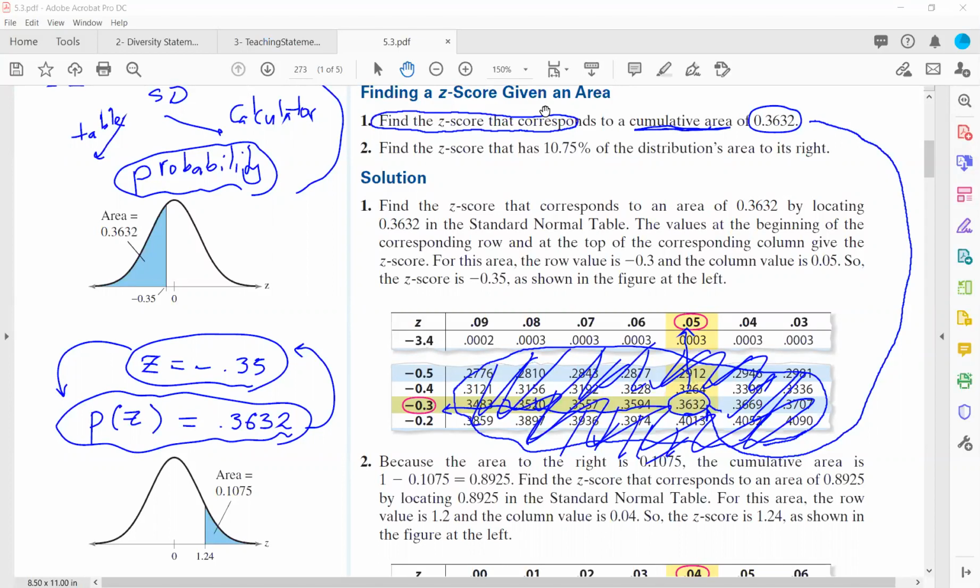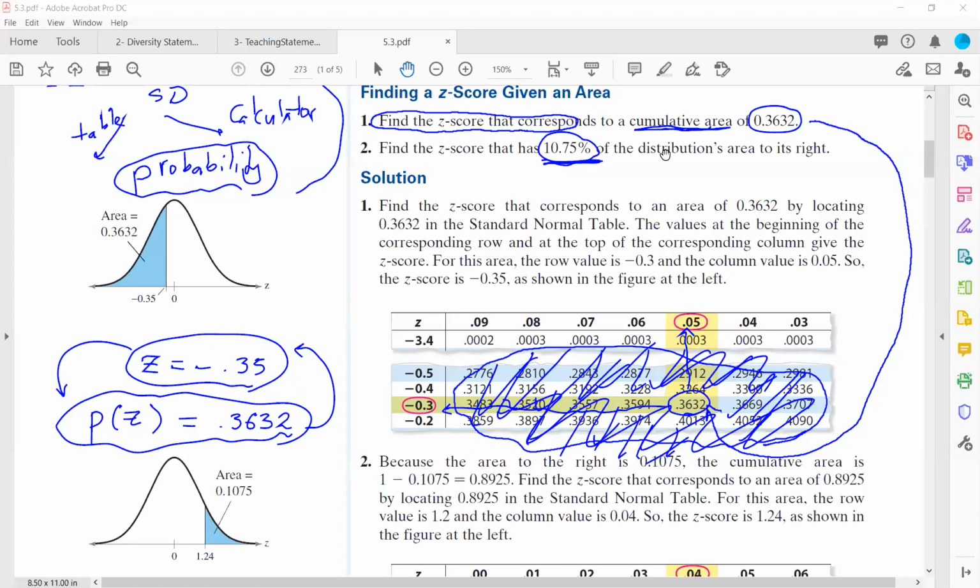So you have to find the closest number inside the table and then find the z-value that corresponds to that area. Let us take a look at the second question. It says 10.75%. 10.75% means that you have your area or probability.